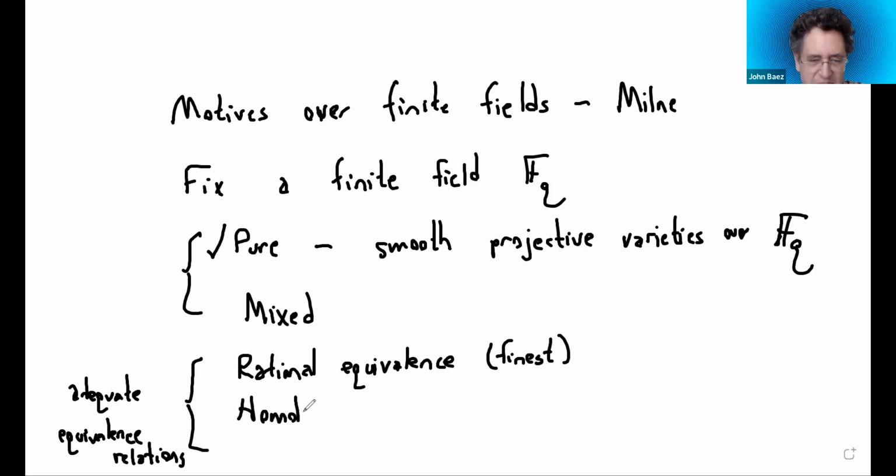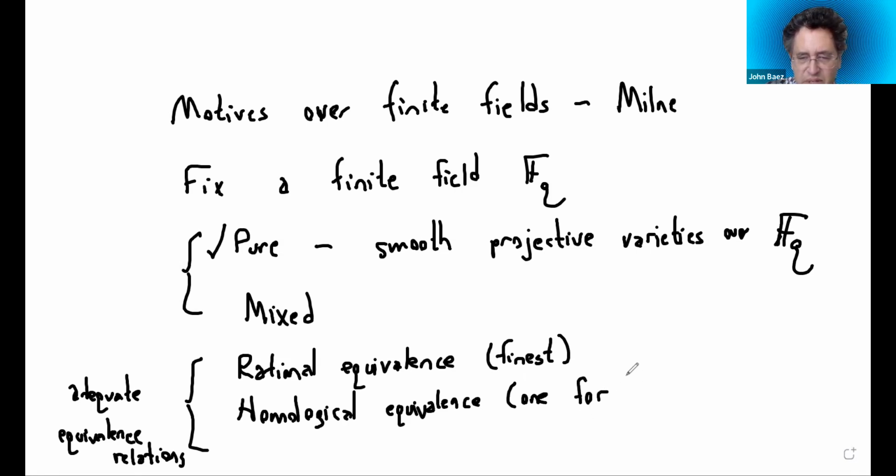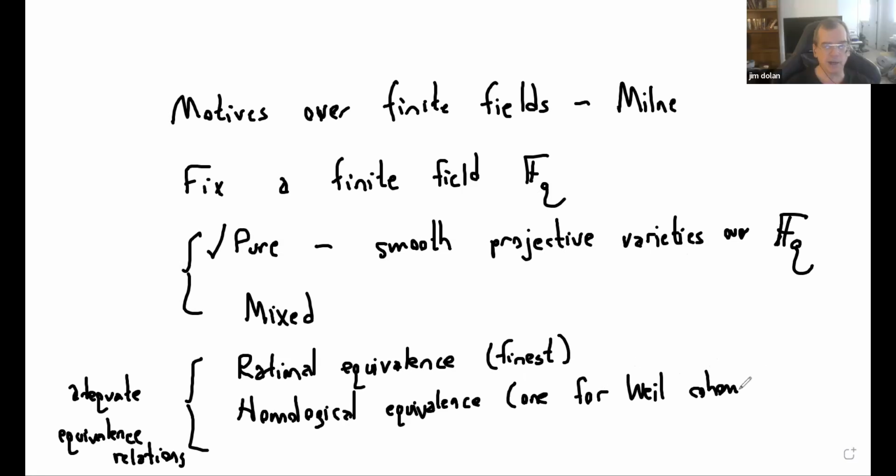I'll just mention that there are a bunch called homological equivalences. So there's one for each homology theory, one for each so-called Weil cohomology theory. In this particular game, since we have Poincaré duality running around because we're in a smooth setting, people seem to pop back and forth between talking about homology and cohomology in a somewhat distressing way.